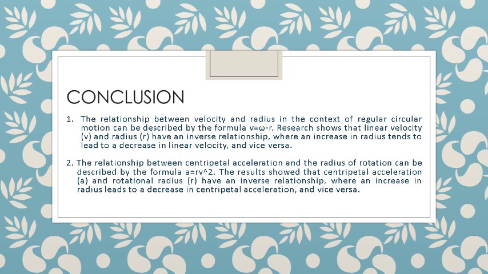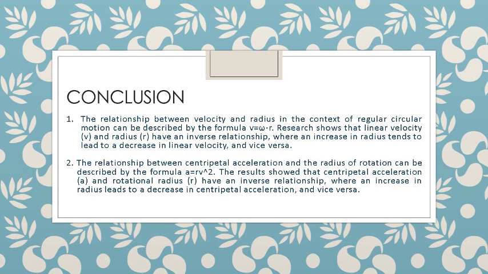The conclusion is: one, the relationship between velocity and radius in the context of regular circular motion can be described by the formula v equals omega multiplied by r. Research shows that the linear velocity v and radius r have an inverse relationship, where an increase in radius tends to lead to a decrease in linear velocity and vice versa.